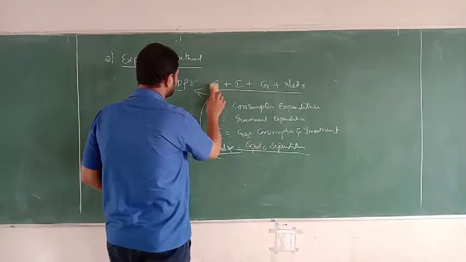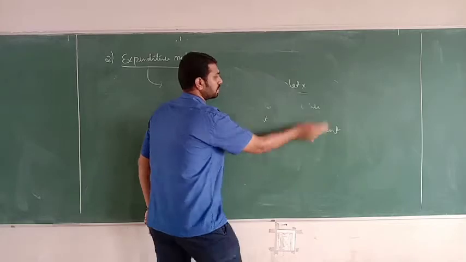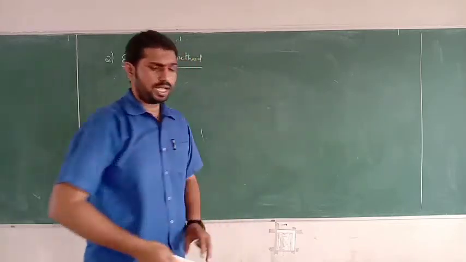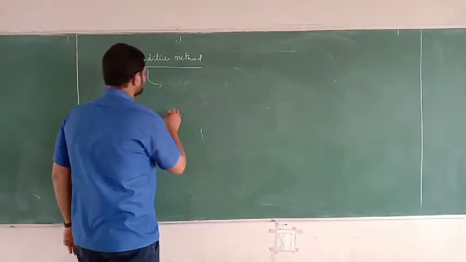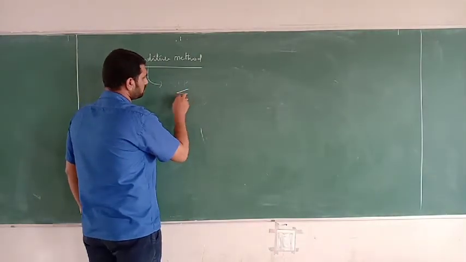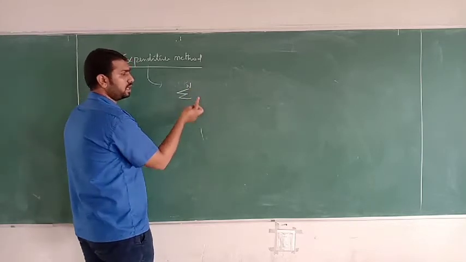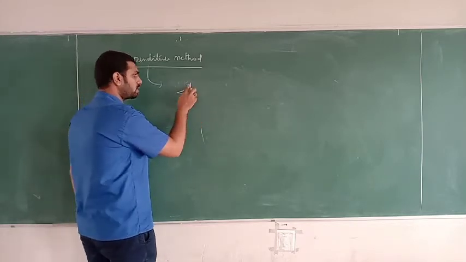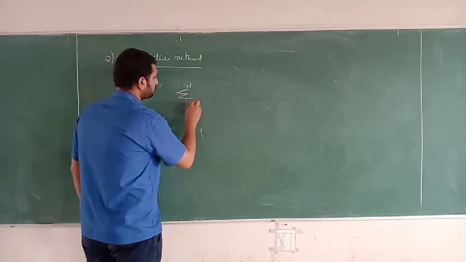An elaborated formula is there for calculating national income by the expenditure method. This deals with the sum of all the expenditures of the country: the sum of all individuals, institutions, government and other parties in the country.